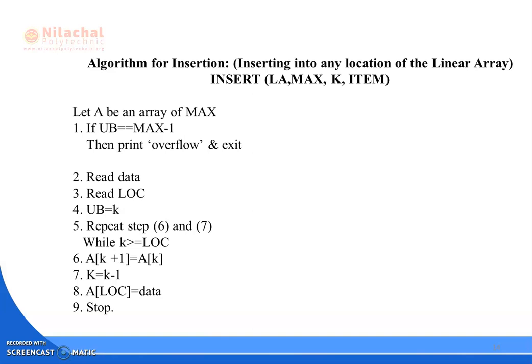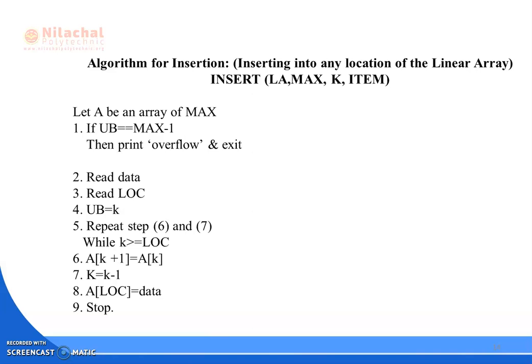At the first step, we check the condition: upper bound is equal to max minus 1. If it satisfies the condition, then the linear array is full. If it does not satisfy the condition, then we have space for insertion of an element. So we are taking an array A of size max.